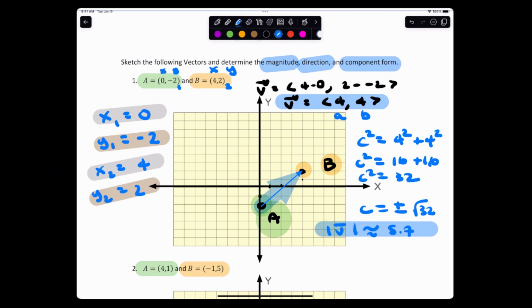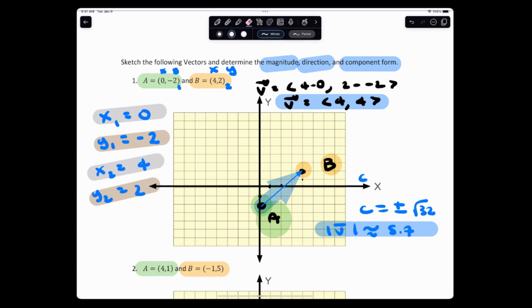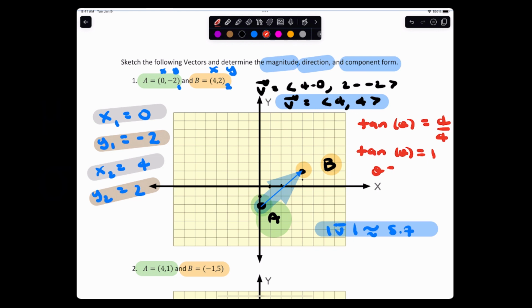Now we're going to approximate to the tenths for the length, but for the angle, we can do a whole number for the angle, right? All right. So since we're limited in space here, you guys have that in your notes, right? We're going to say, let's find the angle theta now. So tangent theta will be 4 over 4. Oh, I think I know what that's going to be. If tangent theta is ever 1, we know by now theta has to be pi over 4?